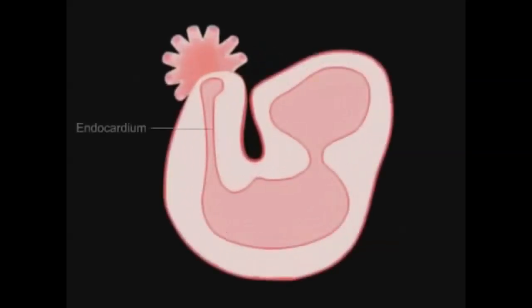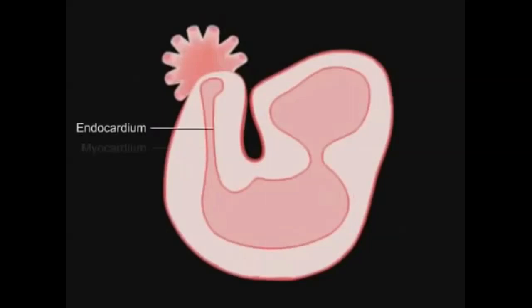Let us make the division, the cutting. So we have made the cut in longitudinal view of the heart tube. We can see only one loop now.